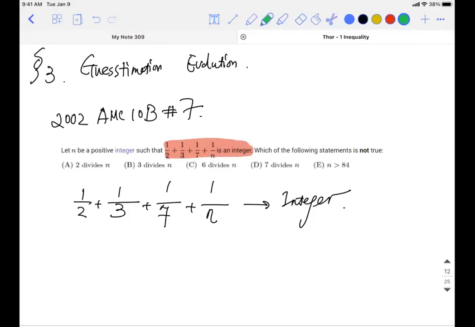Okay. And we know that no matter how big n is, when they add together, it's going to be an integer. So even if n is equal to 1, they are still going to get 1 and 41 out of 42. So when they all add together, they're going to equal 1.